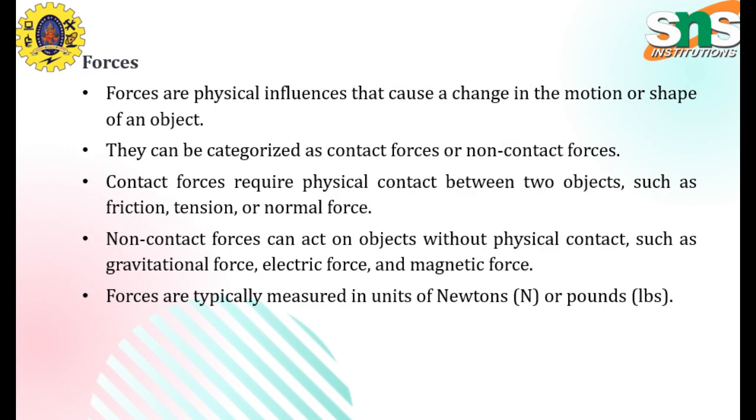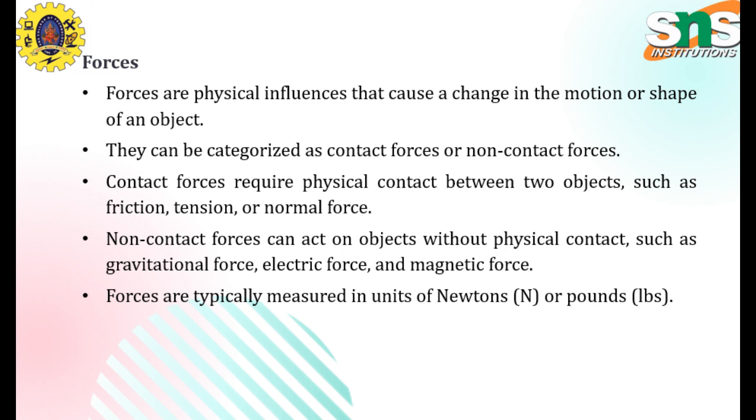Next, forces are physical influences that cause a change in the motion or shape of an object. Force can be categorized as either contact forces or non-contact forces. Contact forces are those that require physical contact between two objects, such as friction, tension, or normal force.